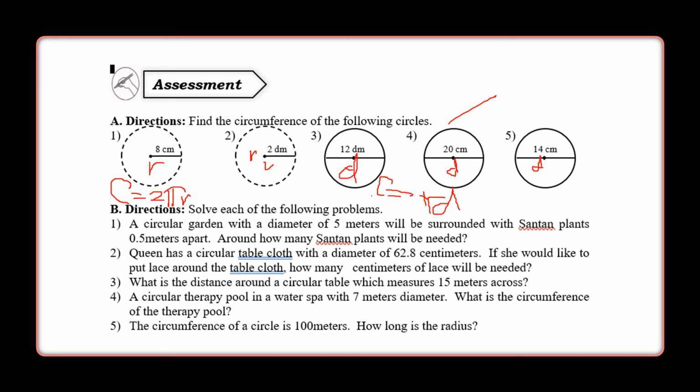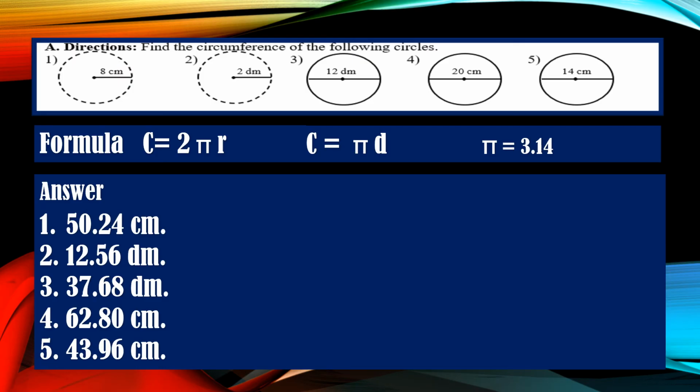Okay, let us check your work. So in number 1 is 8 centimeter. The formula is 2 pi r. So the answer is 50.24 centimeter. Very good. In number 2, the answer is 12.56 diameter.